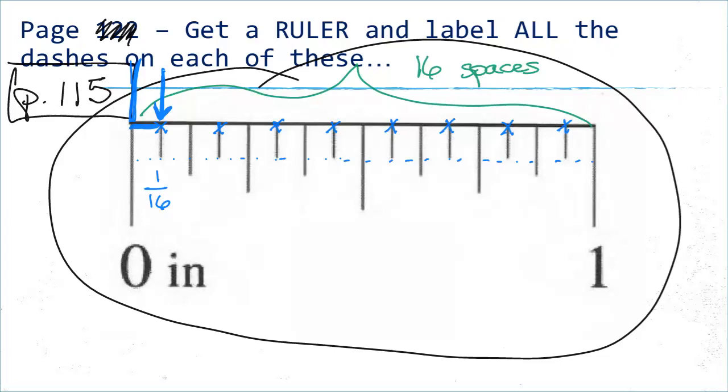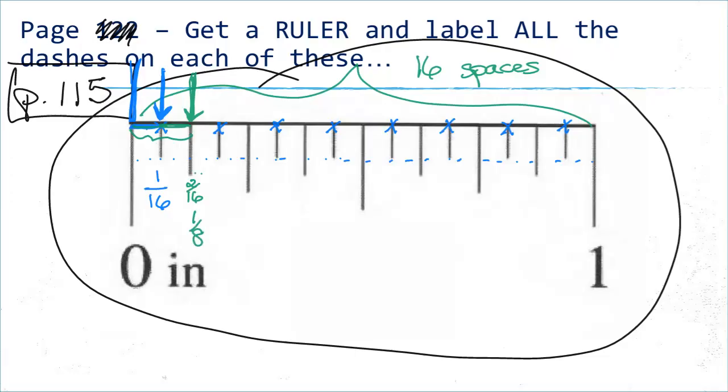Okay? And then if we had something that went to this spot, which is the green arrow. Okay? Now, yes, it could be 2/16. It could be 2/16, but 2/16 reduces to 1/8.